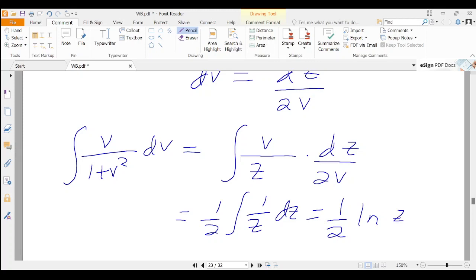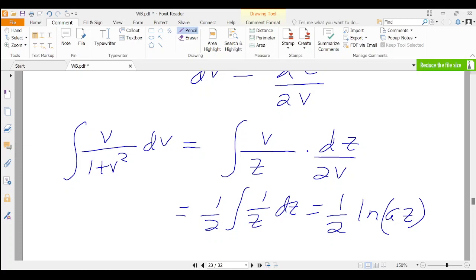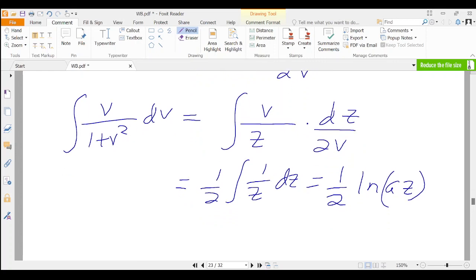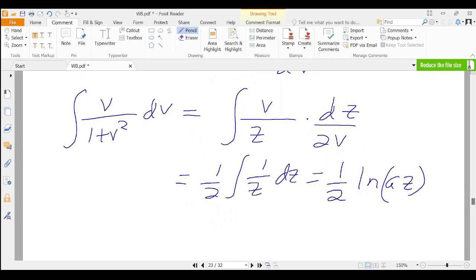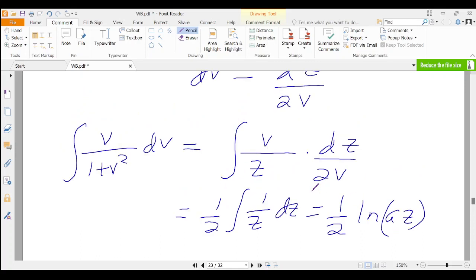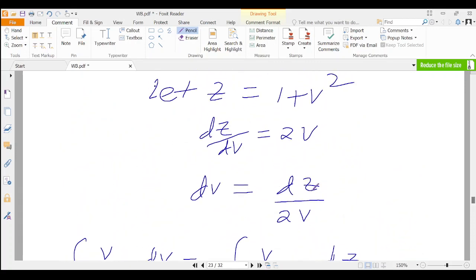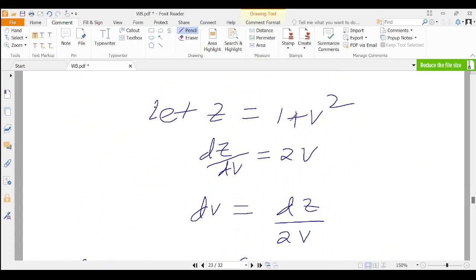We can write a half logarithm of az, where a is an arbitrary constant of integration, and z is 1 plus v squared.